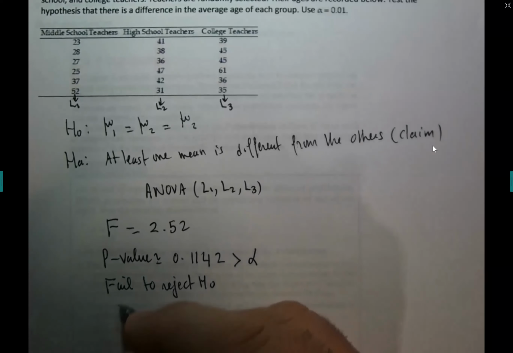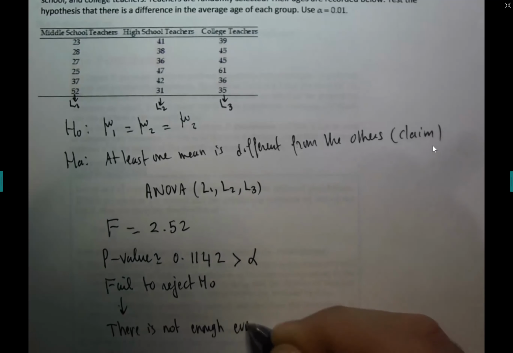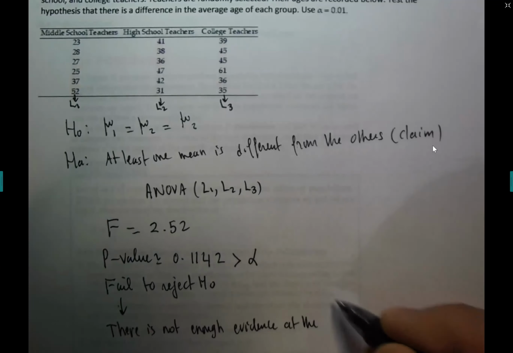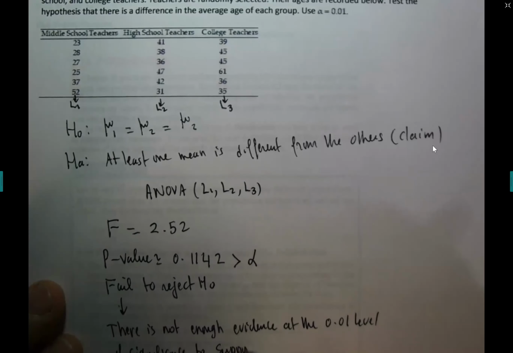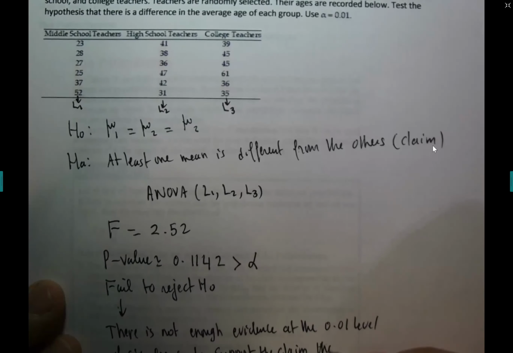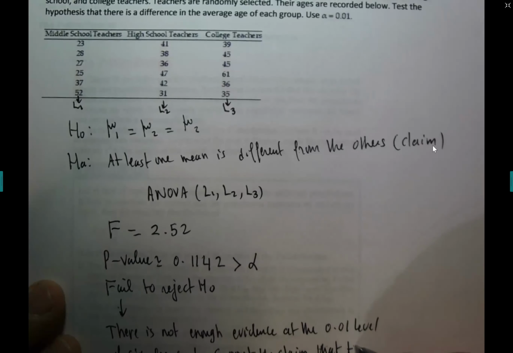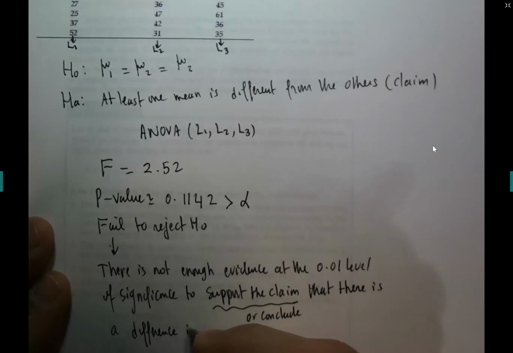conclusion, there is not enough evidence at the 0.01 level of significance to support the claim or conclude that there is a difference in the average age of each group.